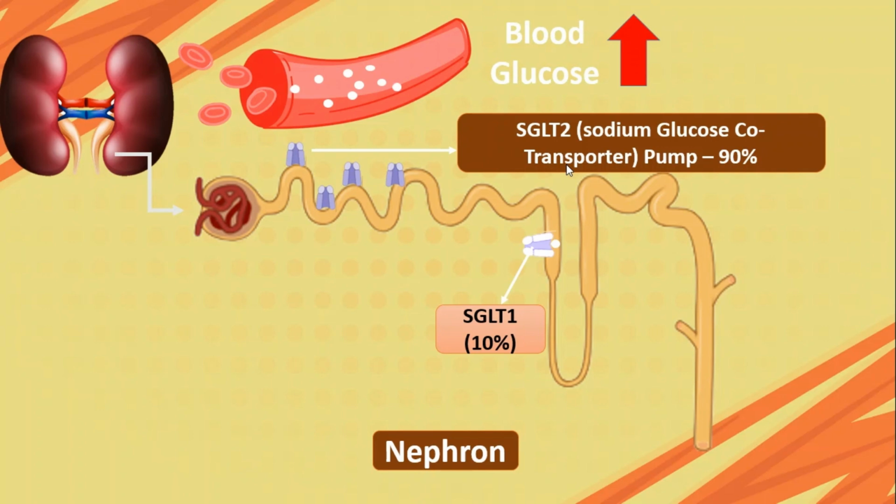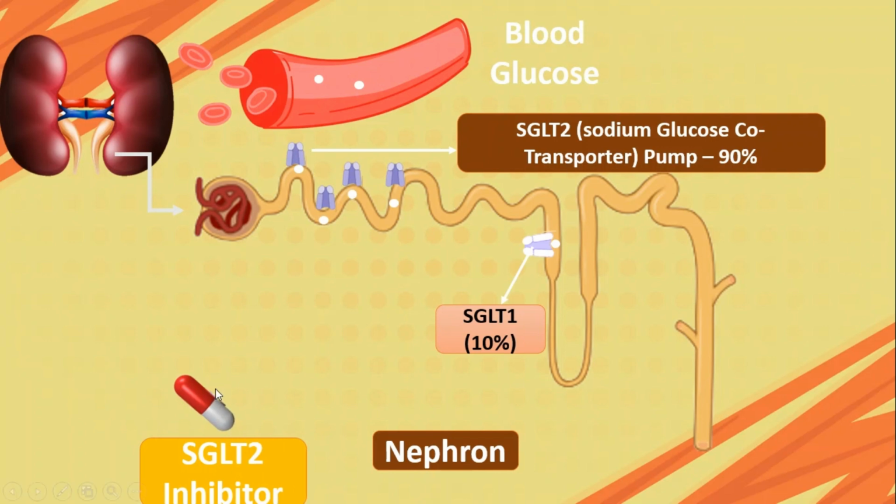More glucose enters through the SGLT2 pumps and the blood glucose rises. So, to control the blood glucose levels, we provide SGLT2 inhibitors like dapagliflozin, canagliflozin, or empagliflozin, which then move directly to the SGLT2 pump and start blocking it.